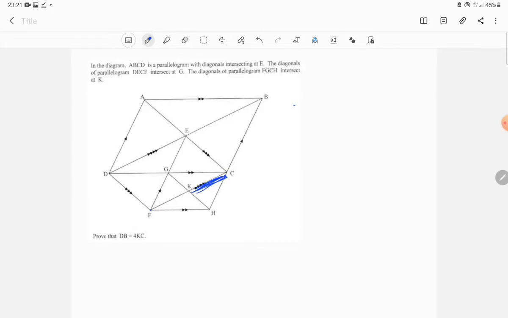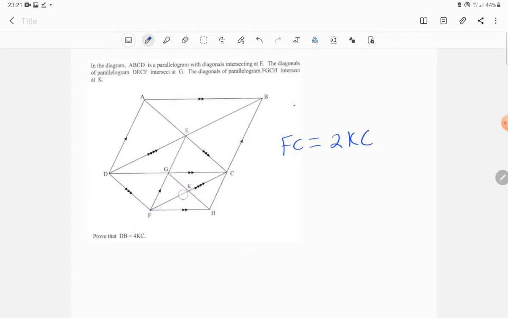If you can double the KC, you get the whole diagonal of this parallelogram CGFH. So which means we're having FC being equal to 2KC.